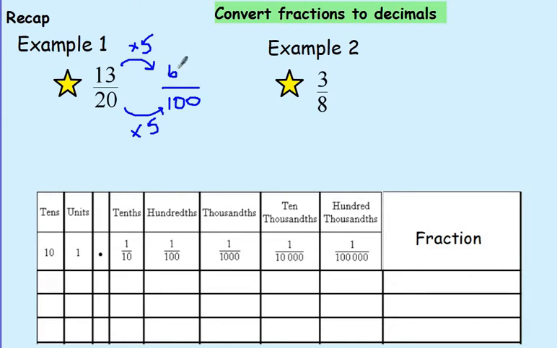I've got 65 over 100. I can't put two numbers in my hundredths place, so I need to put my 5 in my hundredths place and my 6 in the one before, which will give me 0.65 as a decimal.